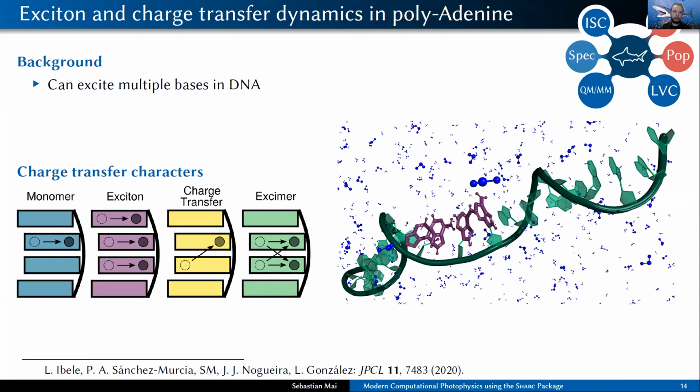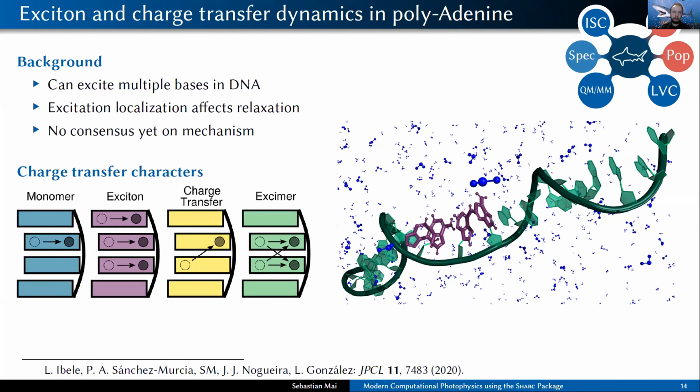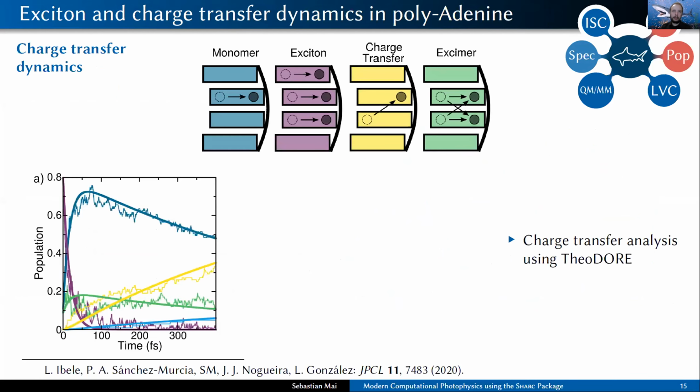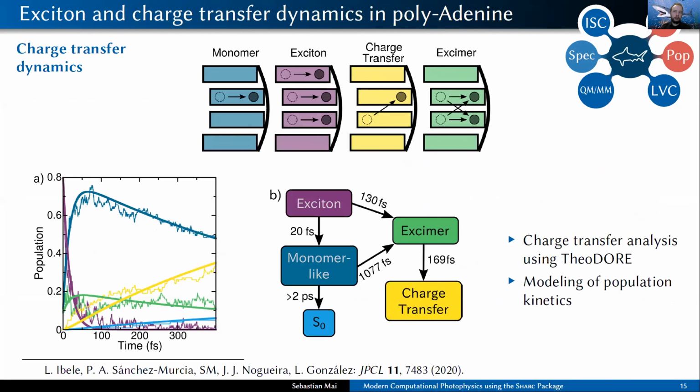So in this project, we went on to simulate SHARC dynamics of this DNA strand in water, and we extracted the population dynamics in terms of these different classes of excited states based on the TheoDORE analysis. And then we used the population kinetics functionalities of SHARC to derive such a kinetic model that indeed agrees quite well to recent experimental evidence.